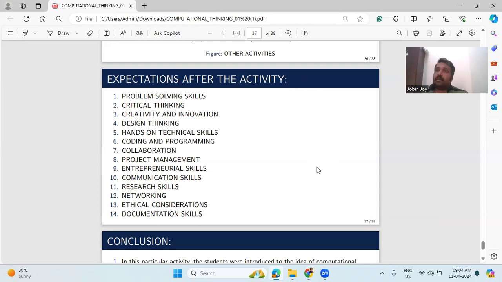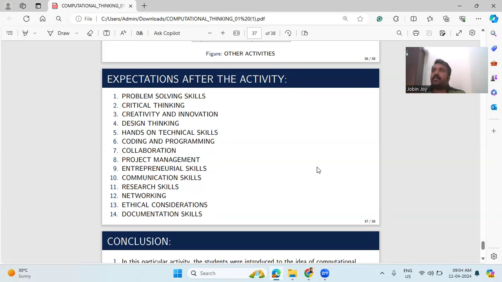Collaboration. I already mentioned we are living in a social environment. We have to collaborate with each other. We have to interact with each other, sharing our ideas, giving criticism, taking criticism. Then coding, programming. Then learn new technical skills.